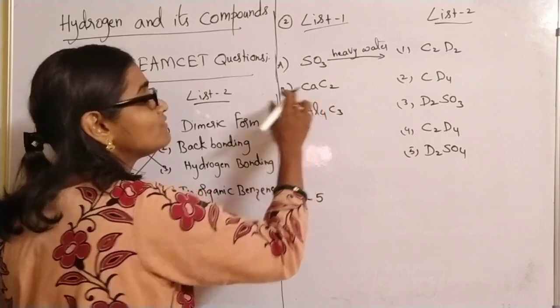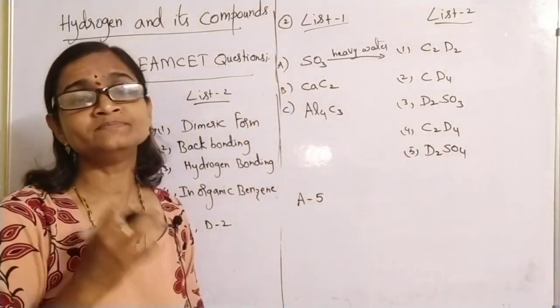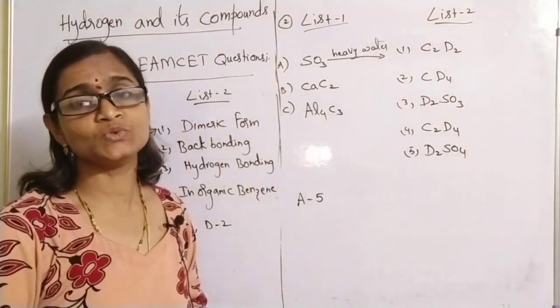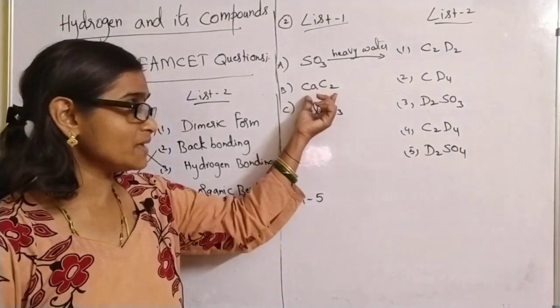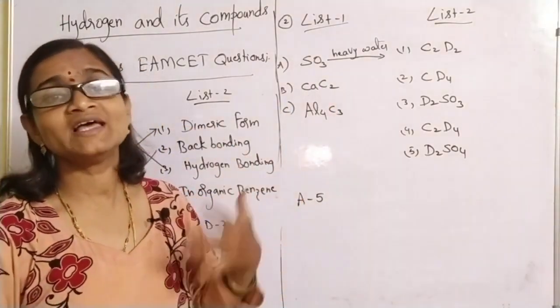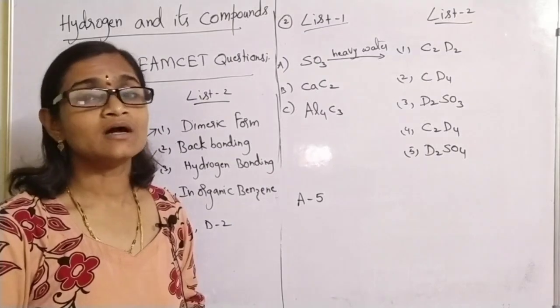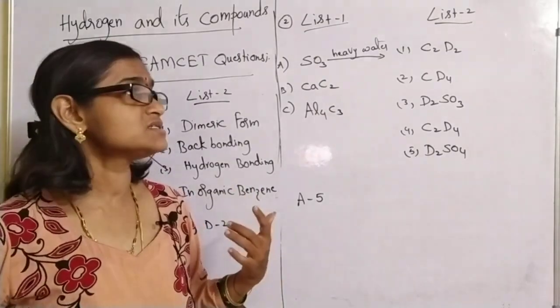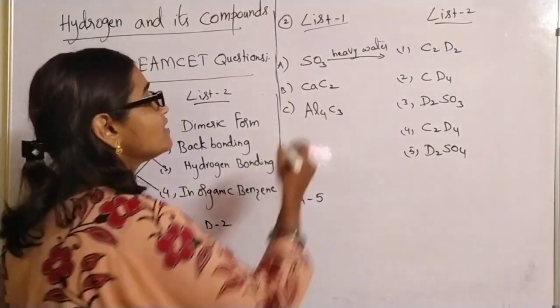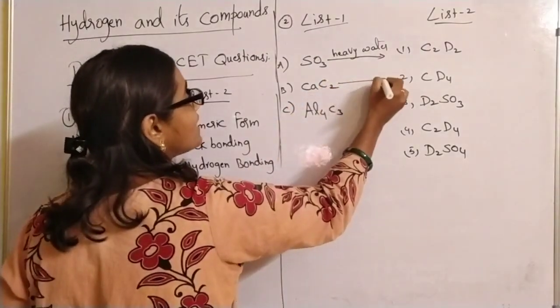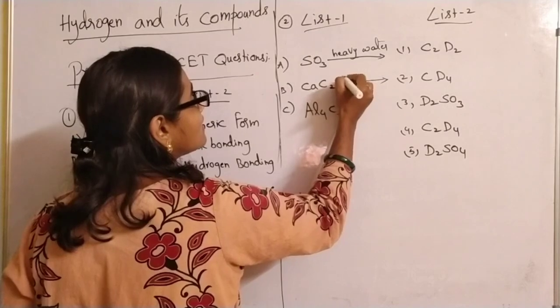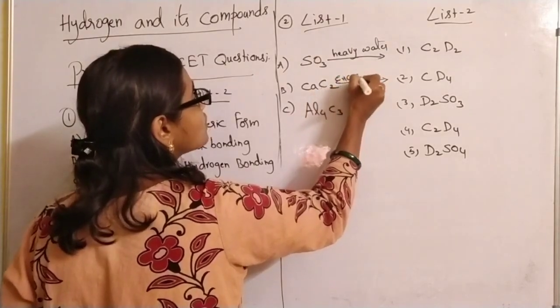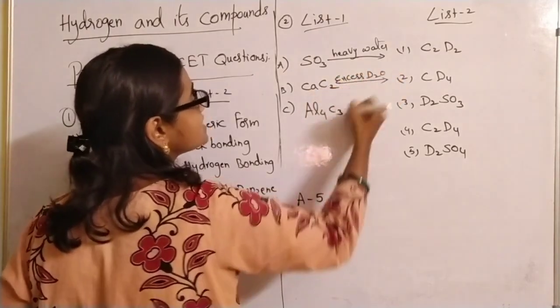Next, you have learnt that in the preparation of acetylene, CaC2, calcium carbide reacts with water to give acetylene gas. Okay, here also, calcium carbide reacts with excess D2O, like that it is given.